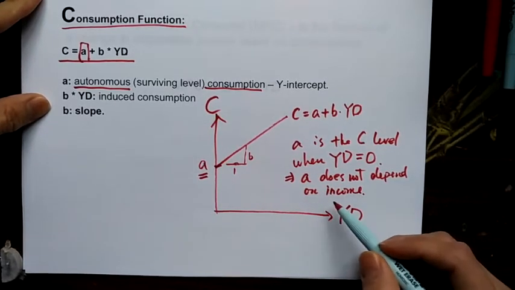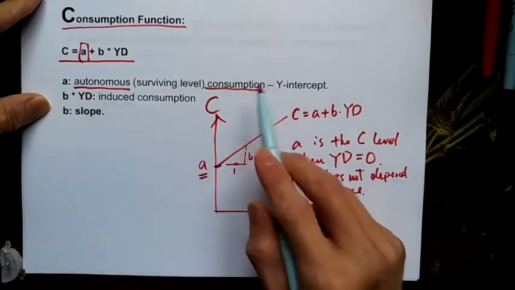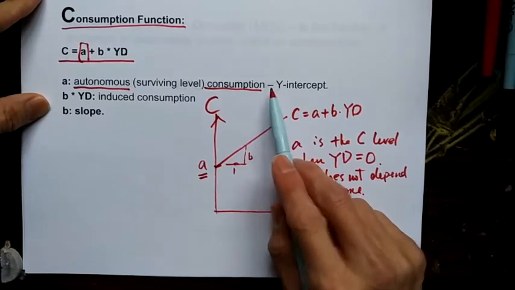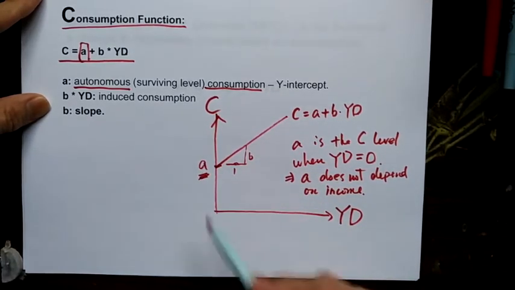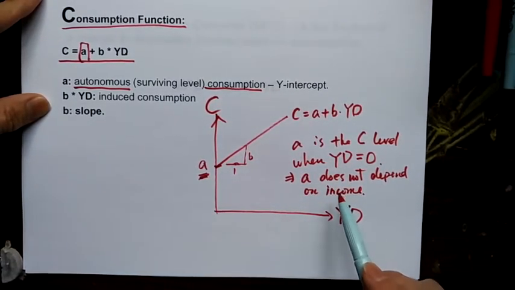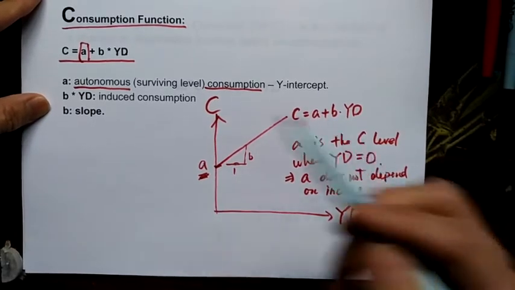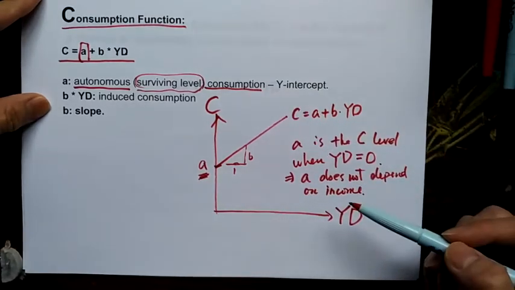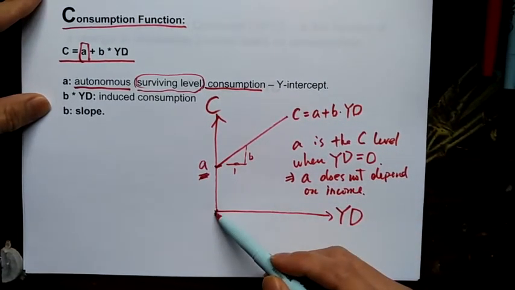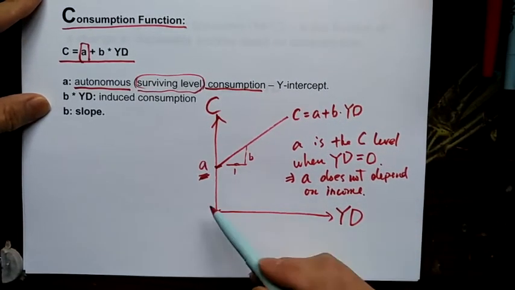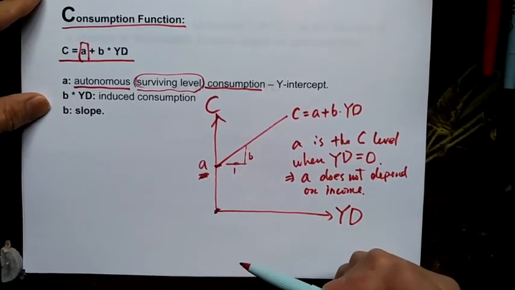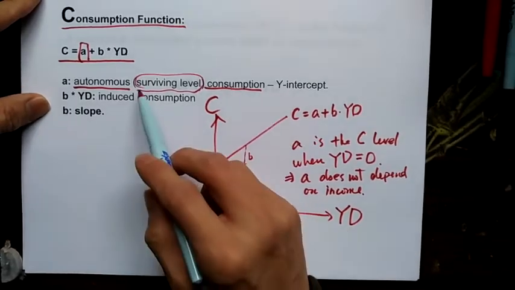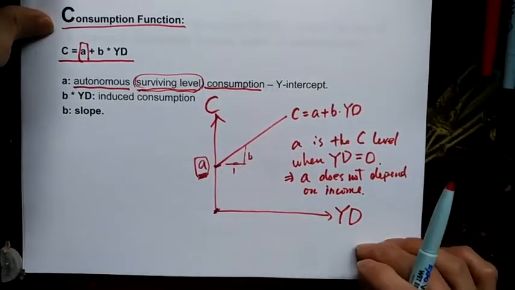That is why it is called the autonomous consumption. Consumption depends on income, but this part of the consumption doesn't depend on income. It is autonomous. We also call this the surviving level of consumption. Why? Because even if you don't have any disposable income, you still have to eat to survive. So this autonomous consumption is also called the surviving level of consumption.